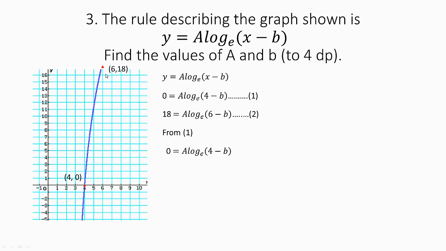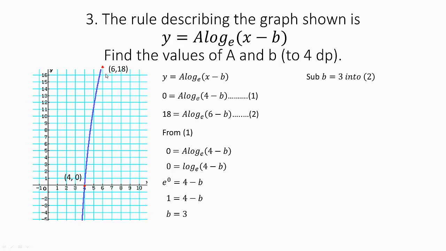This time, instead of adding or subtracting, we're going to solve for a value directly. I'm going to make the first equation equal to 0 and divide both sides by a, so the a cancels out. That gives me e to the 0 equals 4 minus b, 1 equals 4 minus b, so b equals 3.